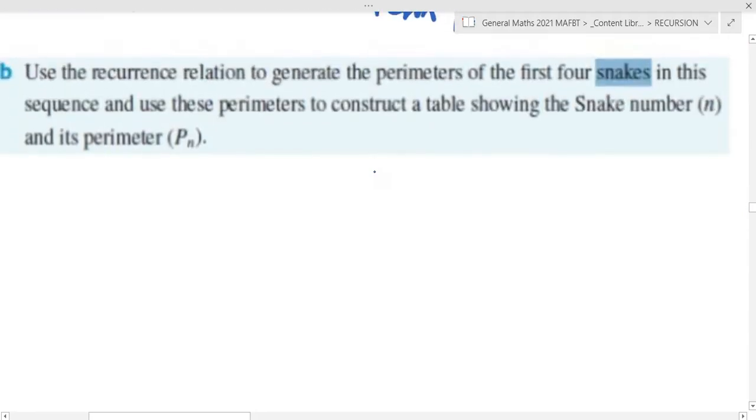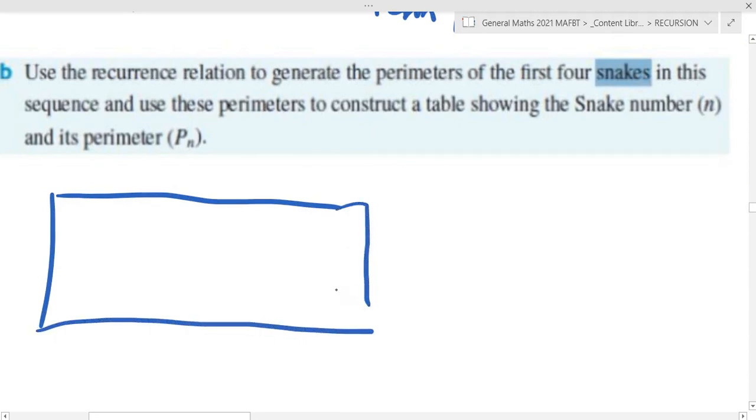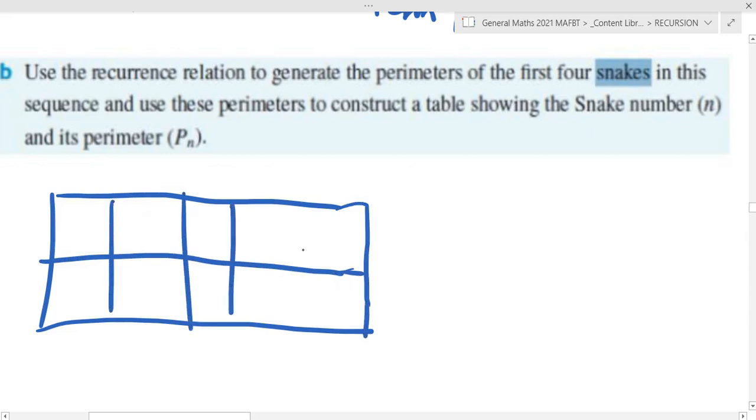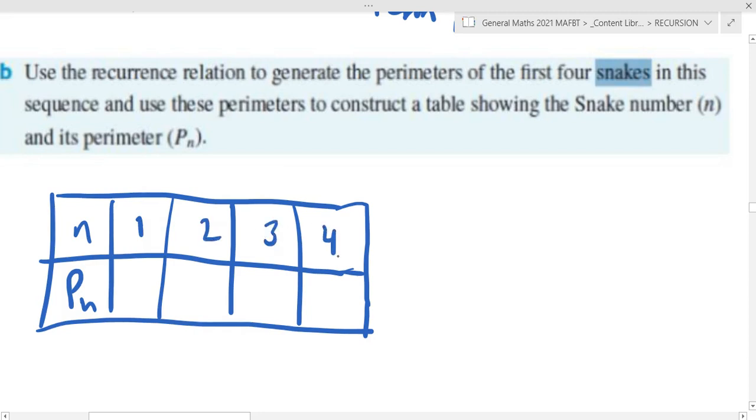You make a table of values like this, and instead of Tn, we're just going to use Pn. So n is the number, Pn is the value. n goes on top, Pn on the bottom. And we only need the first 4: 1, 2, 3, and 4.